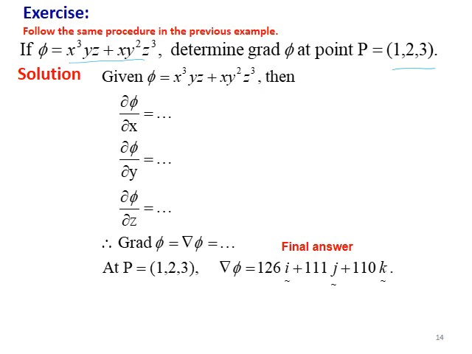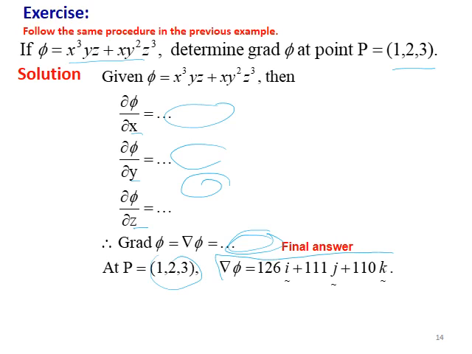I give you a hint here on how to go through the steps. So go through these steps at home, try to find the values here and here and here, and then substitute the point x, y, z in the final gradient. The final answer I gave you here just to check your results, to see if you are right or wrong.